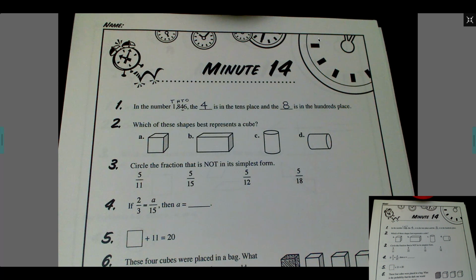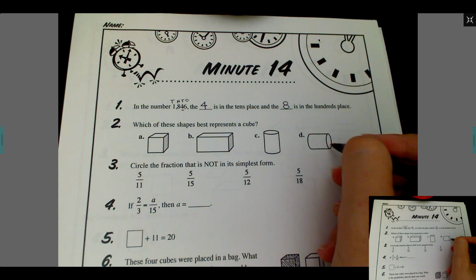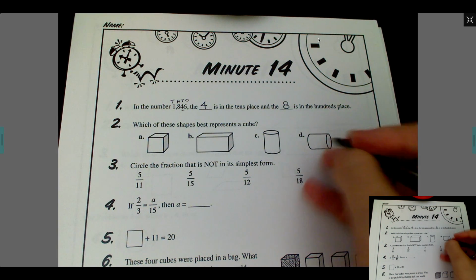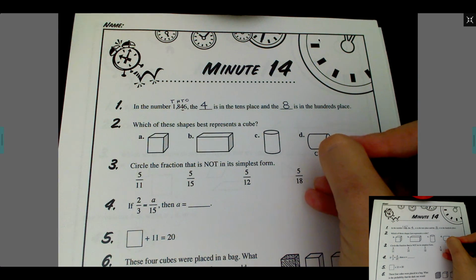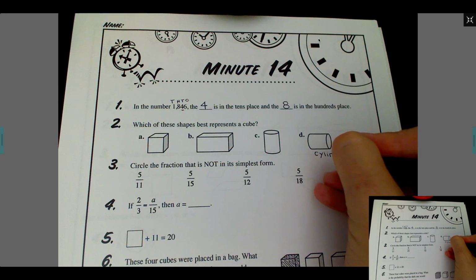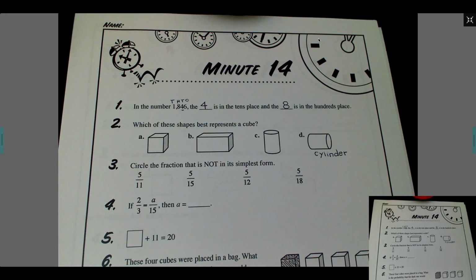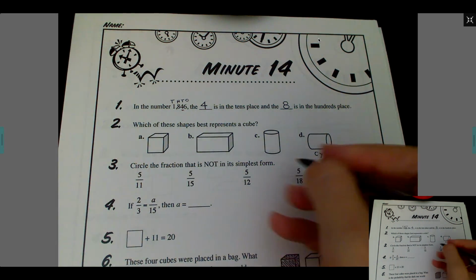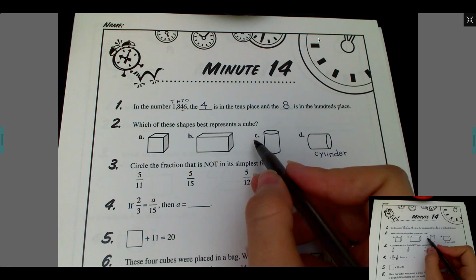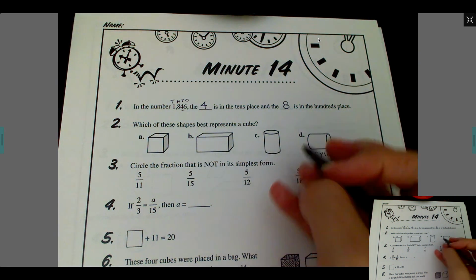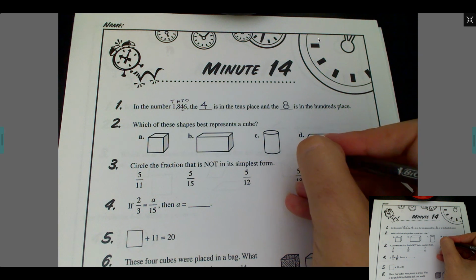Which of these shapes best represents a cube? Well, this looks like my Pringles can once my kiddo has finished eating all of the Pringles. And I know that Pringles come in a cylinder. They're the only chip that I can think of that comes in a cylinder. So this is my Pringles can when it's done. This is it when it's still full. So this is also a cylinder.